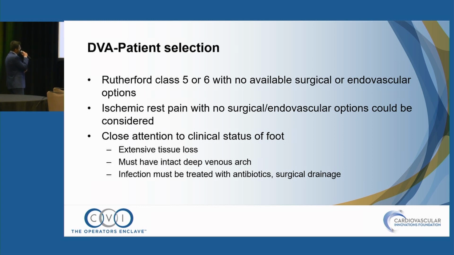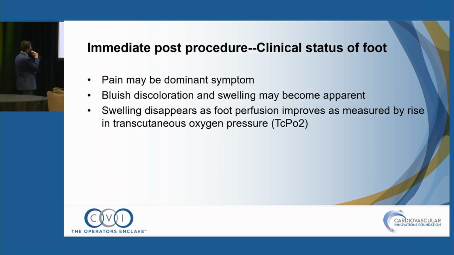Patients must have an intact deep venous arch, and infection should be treated very aggressively with podiatry or surgical colleagues and antibiotics. Immediate post-procedure is not fun. They have a lot of pain for a few days to a couple of weeks. The bluish discoloration becomes apparent immediately after the procedure or within a few days. The swelling and pain slowly go away as the transcutaneous oxygen pressure improves.